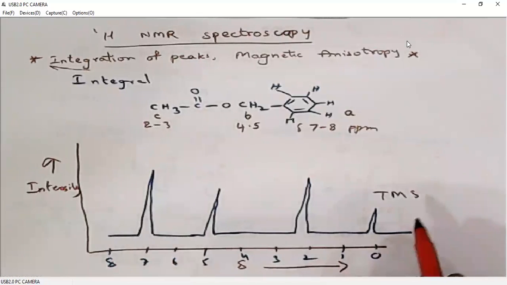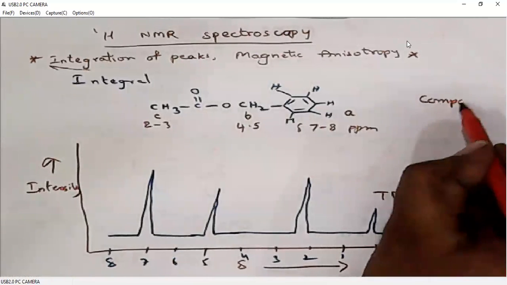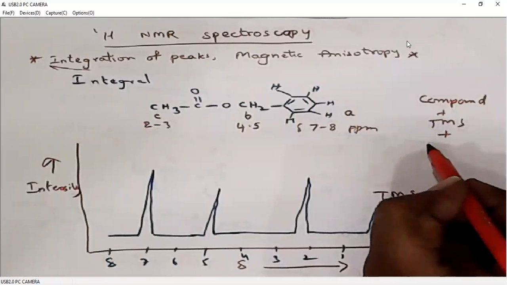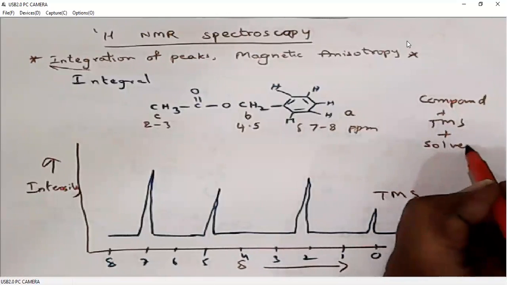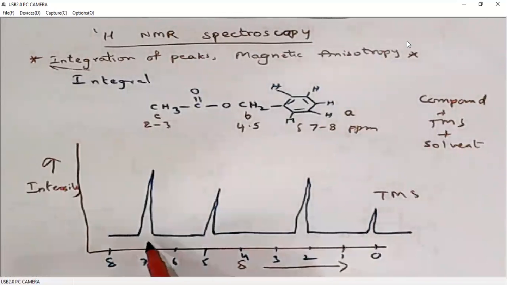When we process our compound for NMR spectroscopy, we take the compound and TMS, and they will be dissolved in an NMR solvent. The TMS peak will appear, and the instrument will give only the bare peak. Then we assign 0 to the right side end peak. Then accordingly, all other peaks automatically get delta values.